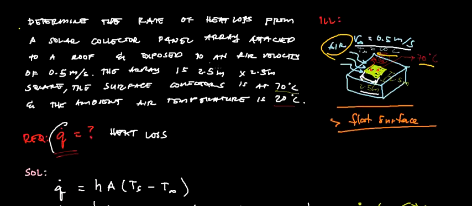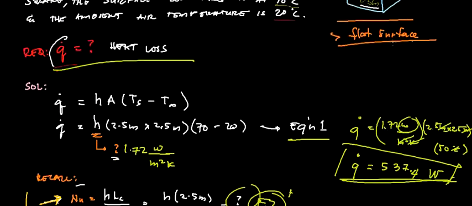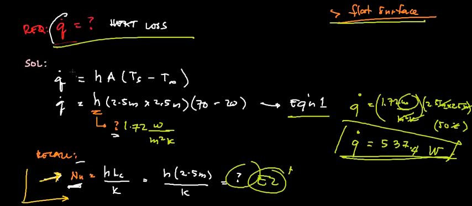So once again, let us review. We have this problem, we need to find the heat loss, and we illustrate our condition, and we know that we have a flat surface condition, and we follow some formulas and conditions for a flat surface.